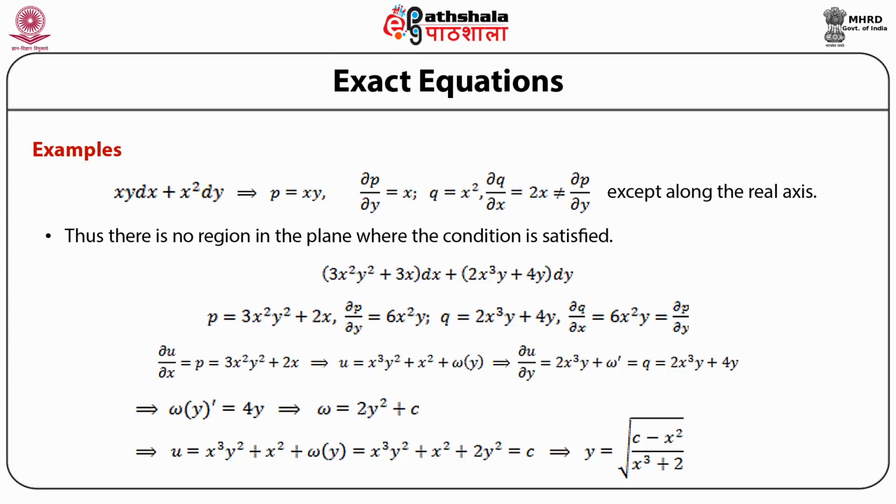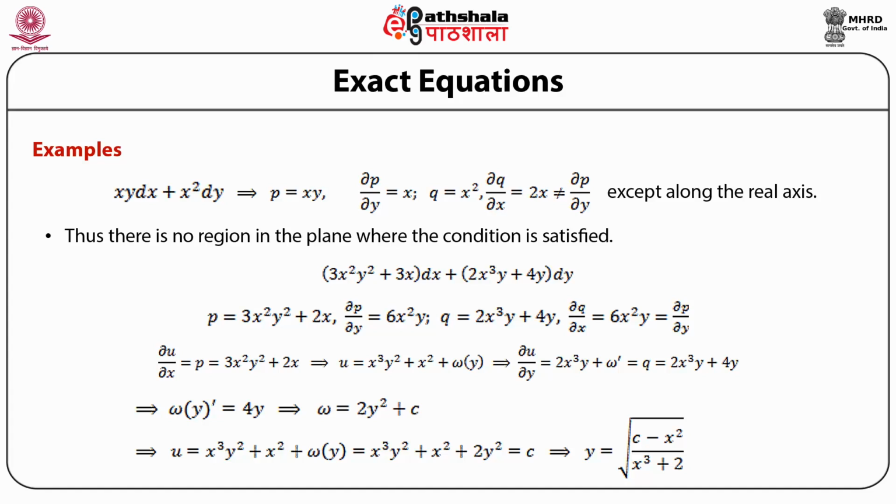Hence, w prime(y) is equal to 4y, or we can say w can be obtained by integrating the equation. w is equal to 2y squared plus c. The required primitive is therefore u is equal to x cubed y squared plus x squared plus w(y), which can also be written as x cubed y squared plus x squared plus 2y squared equals c.